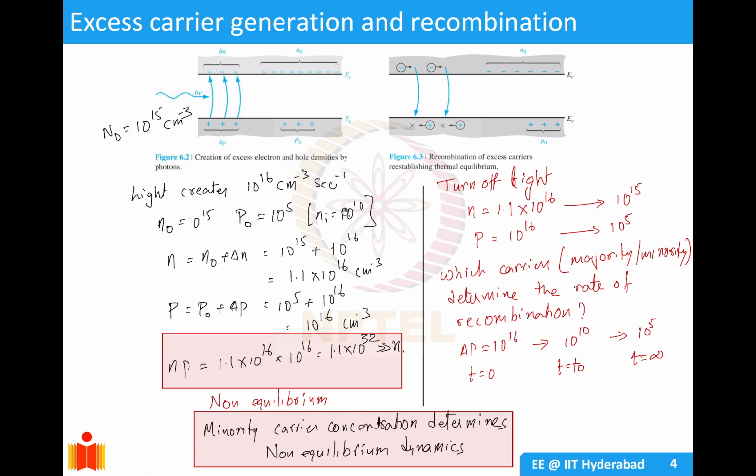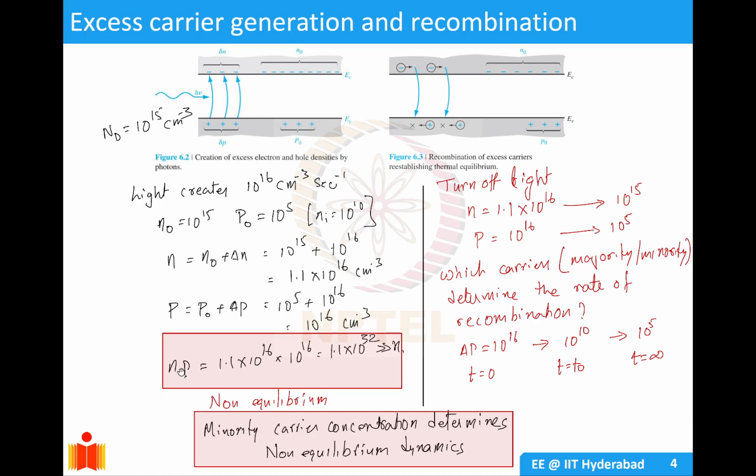If we consider Ni is 10 per 10, the new N is N naught plus delta N, which is 10 per 15 plus 10 per 16. That is 1.1 into 10 raised to power 16 per centimeter cube. The new hole density is P naught plus delta P. It is 10 per 5 plus 10 per 16. That is 10 per 16 per centimeter cube.